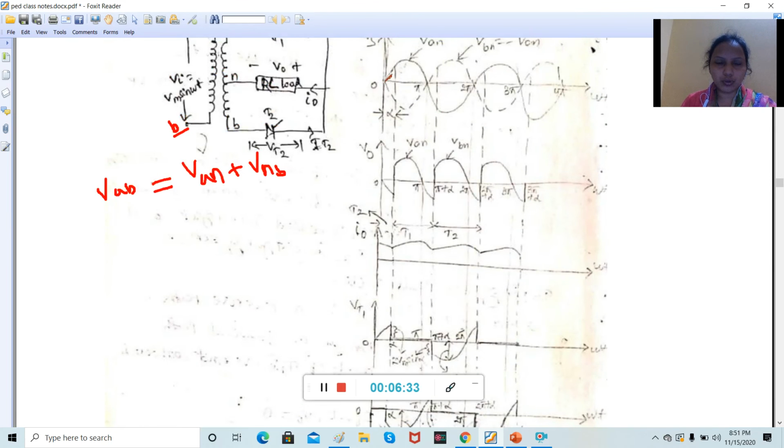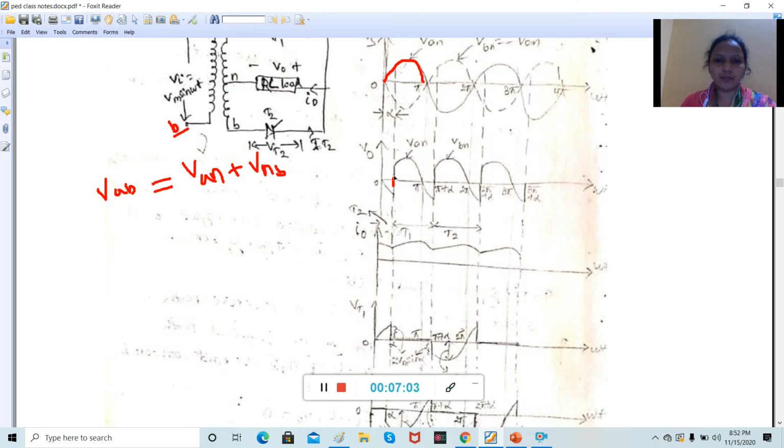See, omega t is equal to 0. Here the VAN waveform is positive. From 0 to alpha, at this point we give the triggering pulse to thyristor T1. From this point thyristor T1 is conducting, and we assume that before this thyristor T2 was conducting.